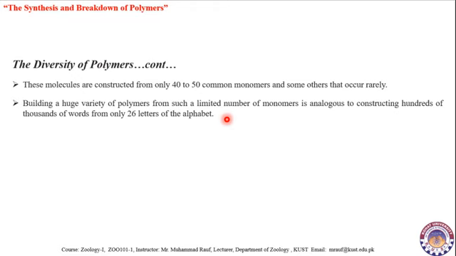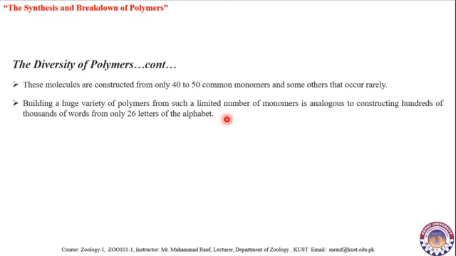Suppose there are only 20 different types of amino acids, and there are hundreds of thousands of different types of proteins built up of only those 20 types of amino acids. Similarly, we have so many variations in the genetic material in DNA, although it is made up of only 4 different types of nitrogenous bases.